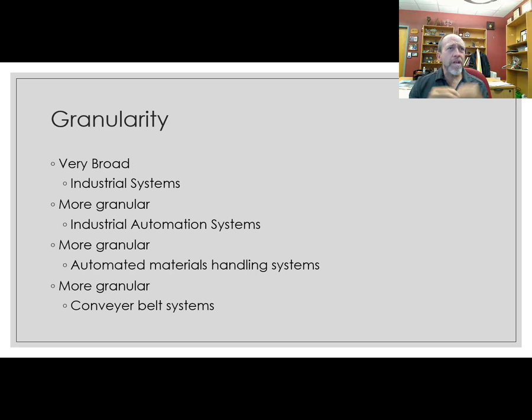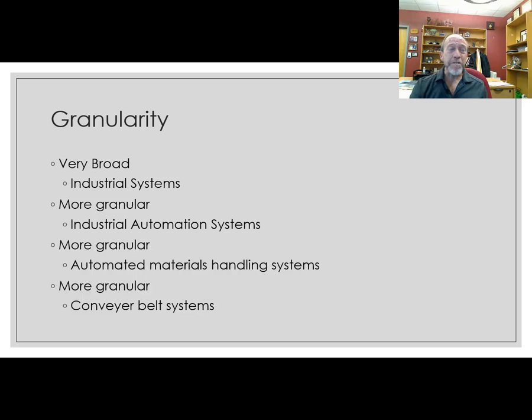Now, let's talk a little bit about granularity of topics, though, because a lot of times you can write outcomes that are way too broad, and a lot of times you can write outcomes that are not specific enough. So let's say, for example, in the previous example, what's really broad? Well, saying they should be able to maintain industrial systems.